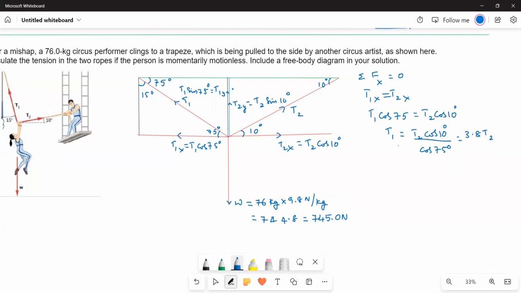Now we will write the vertical component of forces. T1y and T2y are acting vertically upwards and the weight is acting vertically downwards. Therefore, T1y plus T2y is equal to sigma Fy, which is equal to 0 because the object is in static equilibrium.